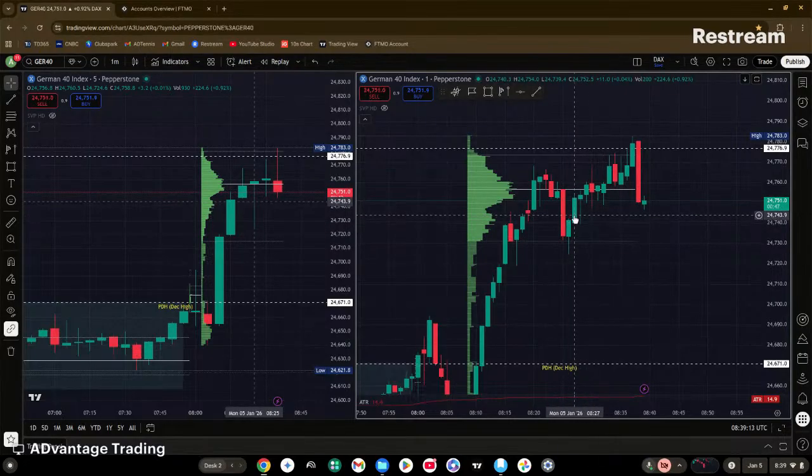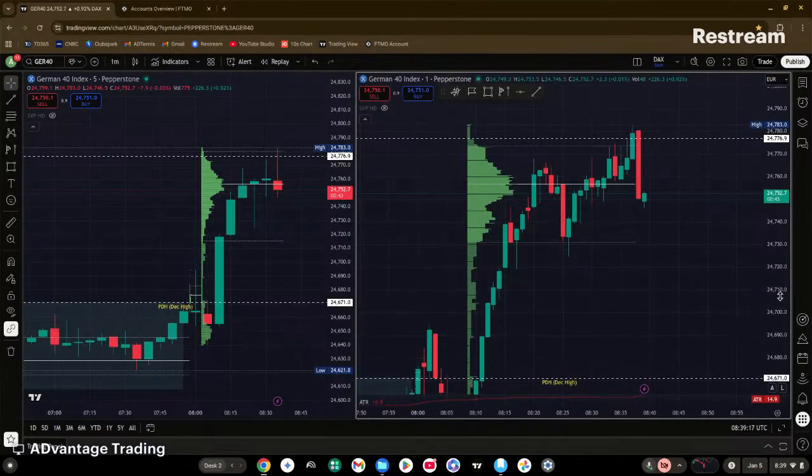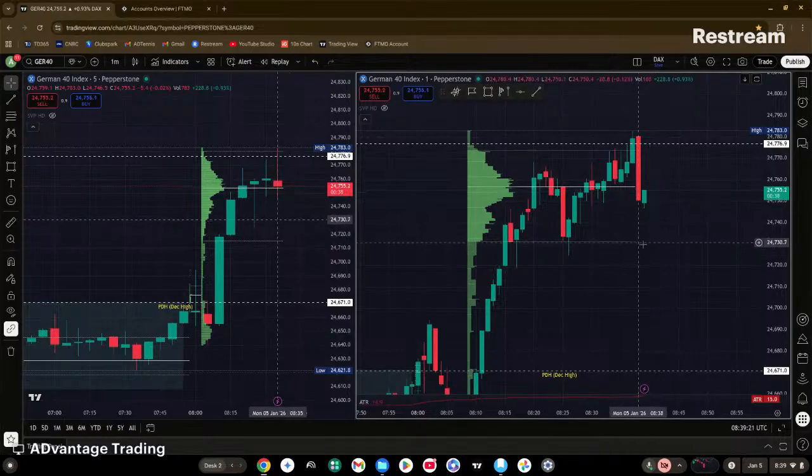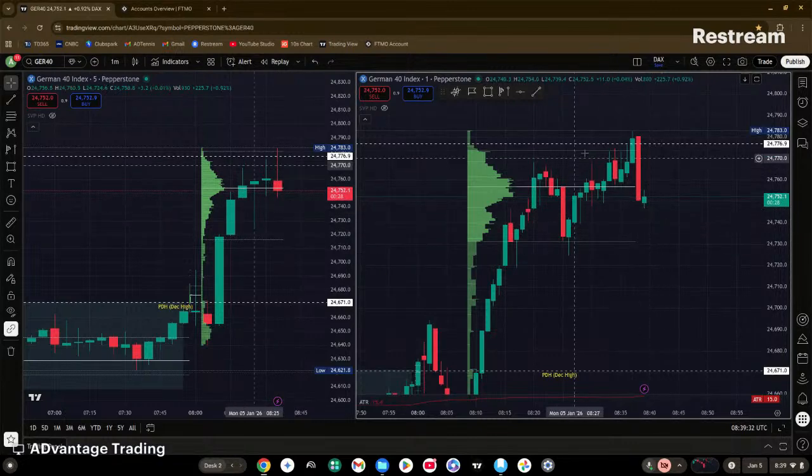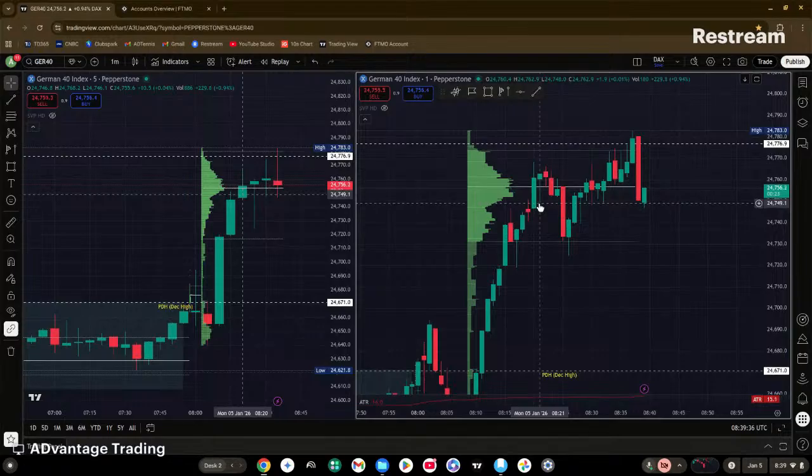This is why I entered where I did, because this was a test of the value area low. I think we're quite likely to come back down here and test, and it'll be interesting to see then if the market continues higher again or if it pushes lower. We may now just be entering a trading range for the morning, and if we do, then we'll be done.